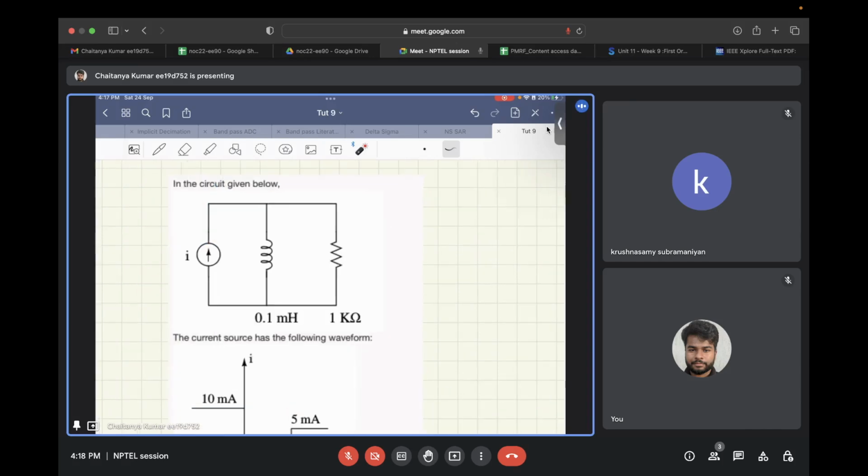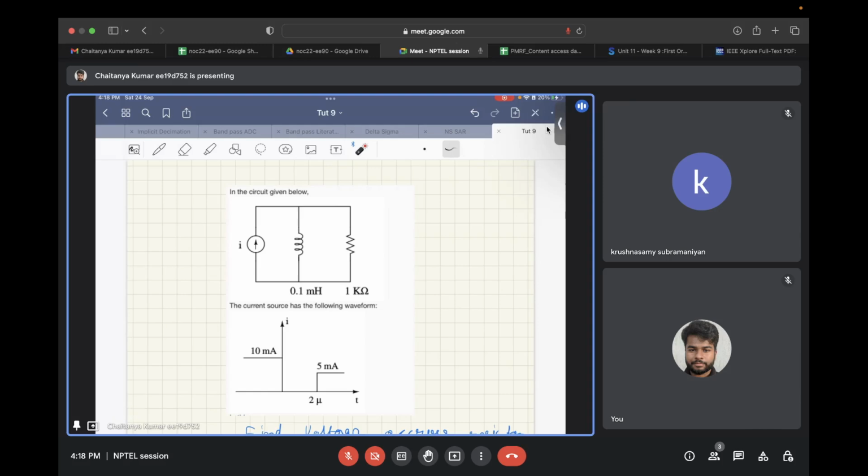Now in this circuit you have a parallel combination of an inductor and a resistor, and you have been given a time varying current source, and the value of this current source with respect to time has been plotted in the question itself.